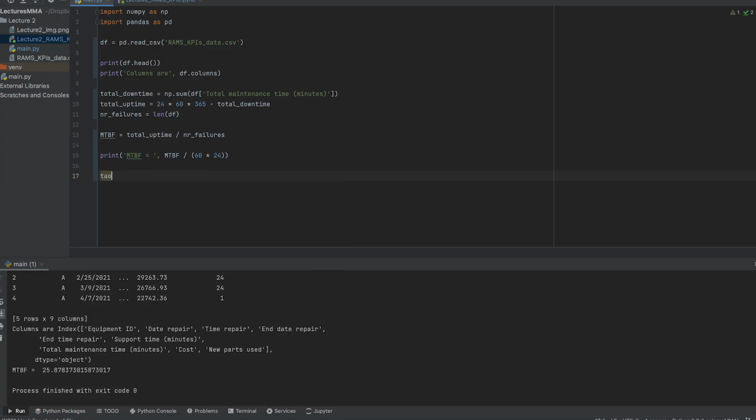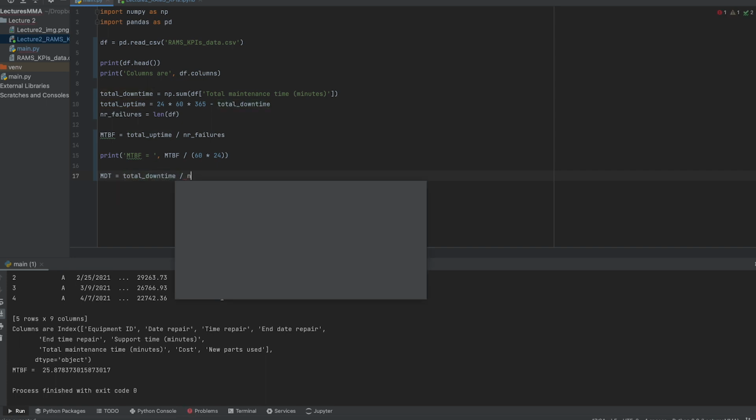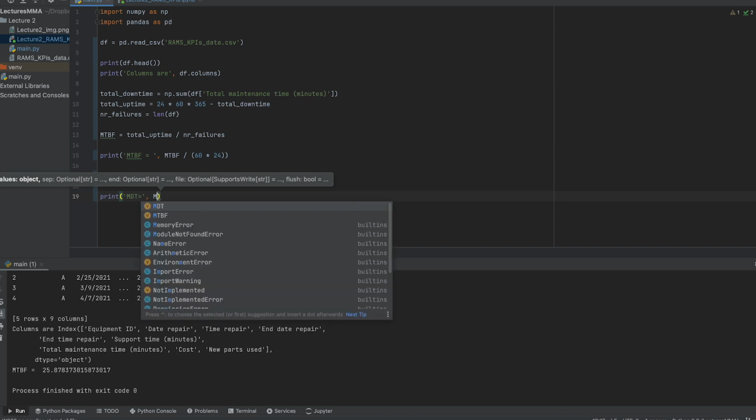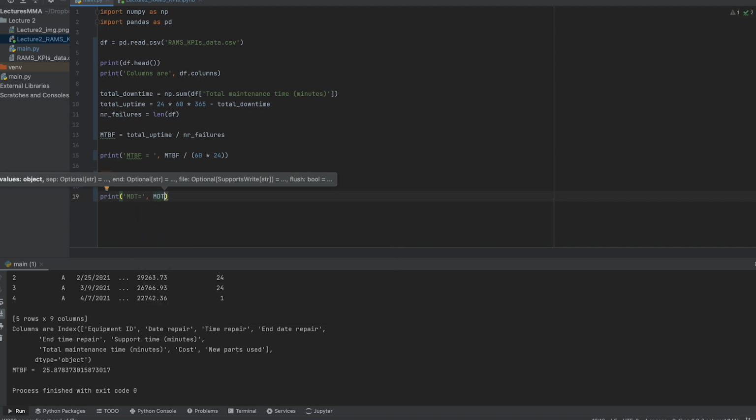Total downtime. It's easy to calculate the mean downtime as the total downtime divided by the number of failures. And in this case we have print downtime equals downtime.